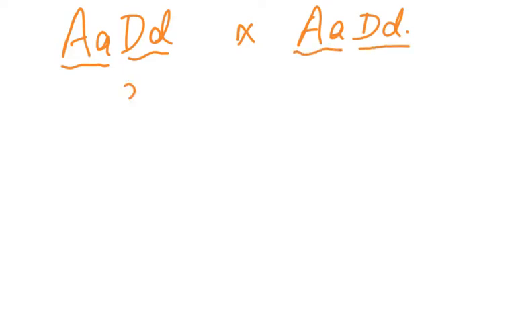Now this gives you a ratio of 9:3:3:1. That is always true for a dihybrid cross, because what we are thinking is that these are on two separate chromosomes.